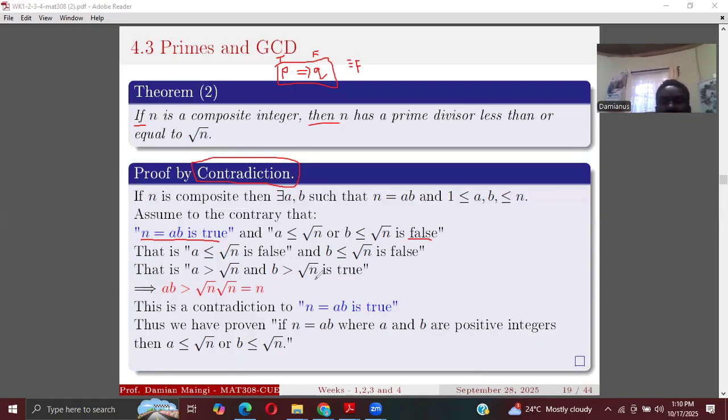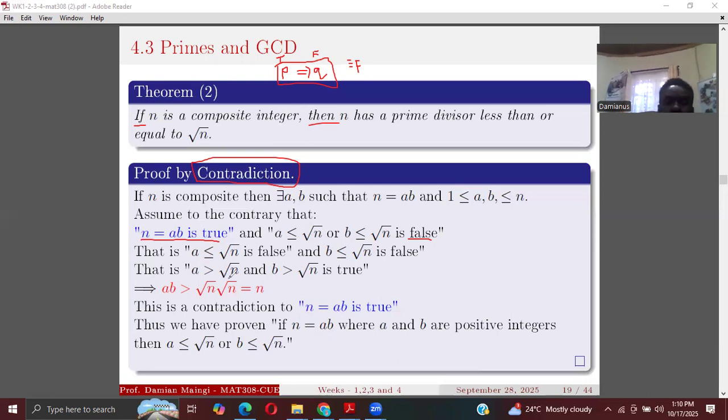So, what this means. Now, the fact that this part being false means what? This being false means that both of them must be false. That means a is less or equal to the square root of n is false, and b is less or equal to the square root of n is false. Remember, this part or this part false means both of them must be false.